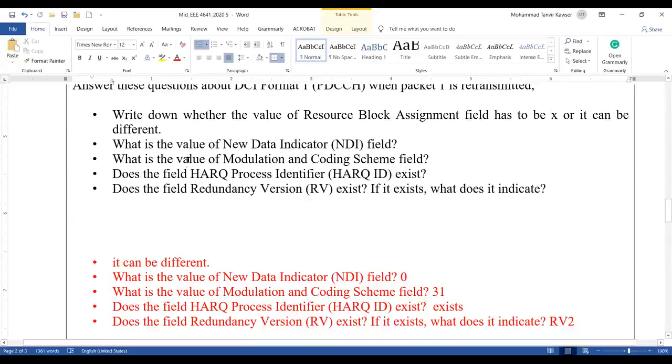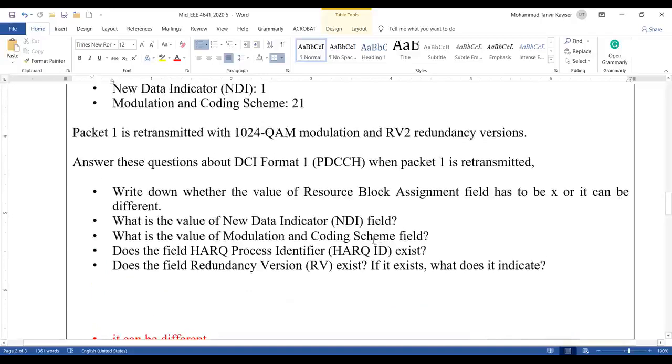Then what is the value of modulation and coding scheme? We discussed that when you change the modulation order, in the case of retransmission, the last few values of the MCS field are used to indicate the modulation order.